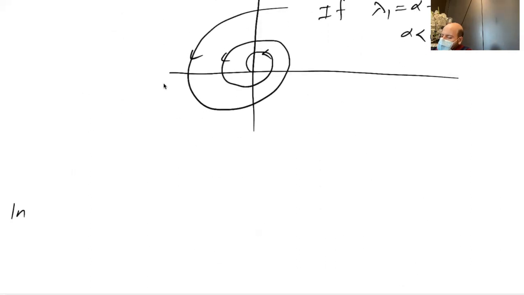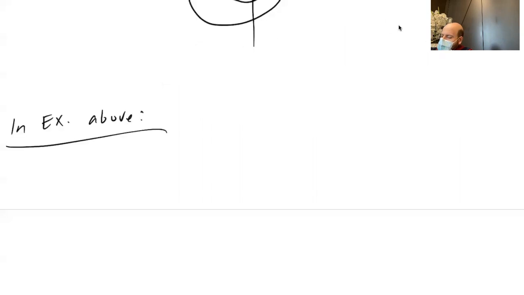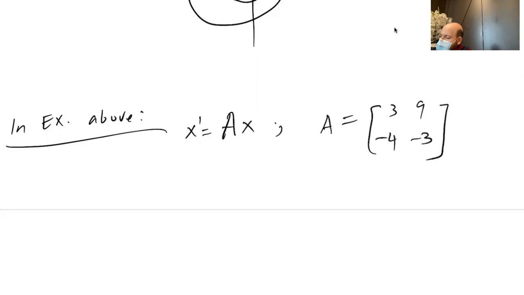So let's look at the matrix that we had in the example that we saw previously. What was the matrix? The system was x prime equals Ax, and A was [3, 9; -4, -3]. And we saw that the eigenvalue lambda 1 was 3 root 3 i, so there is no real part.